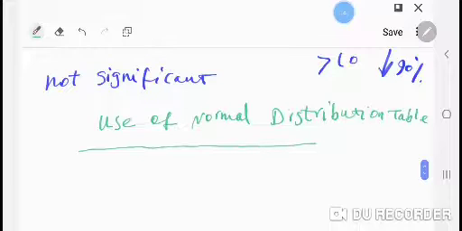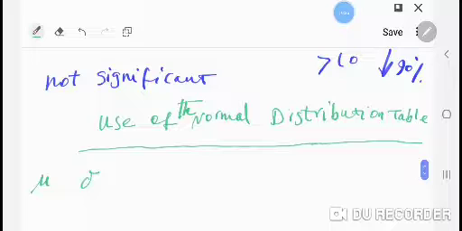Use of the normal distribution table. If we already have so much information that we feel we know the population mean, mu, and the population standard deviation, we can proceed as we did in previous examples.